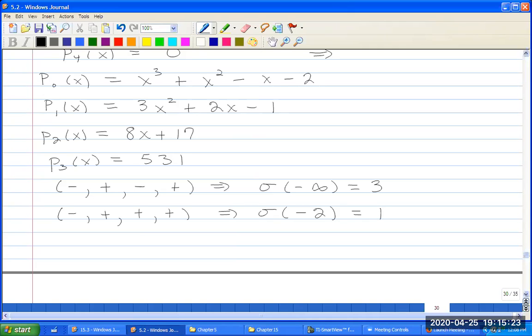Let's do it at 0. I can probably figure that out myself at 0. So if I look here, there'll be a negative, negative, positive, positive. There's one sign change. There's no roots. Okay.